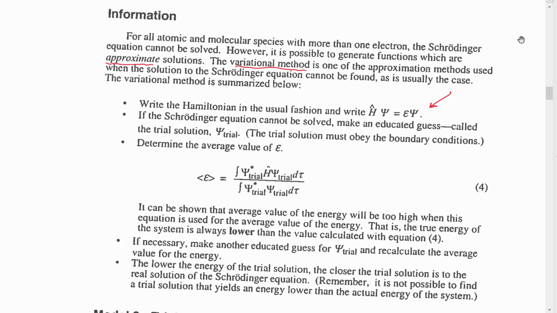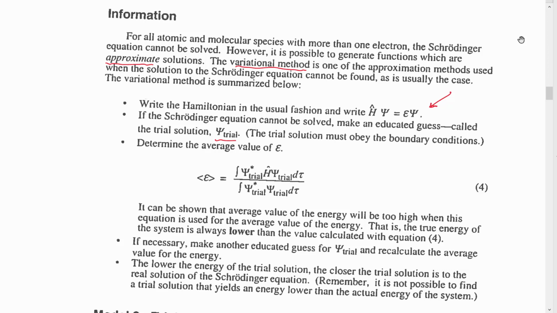If that Schrödinger equation can't be solved, then we can plug in some kind of trial function, psi trial, and then the idea is to determine the average value for that energy. And what we will always recognize is that whatever that approximated trial solution is, we will always end up with an energy that's larger than the true energy of the system.